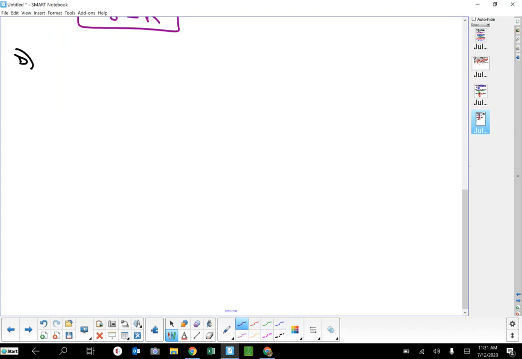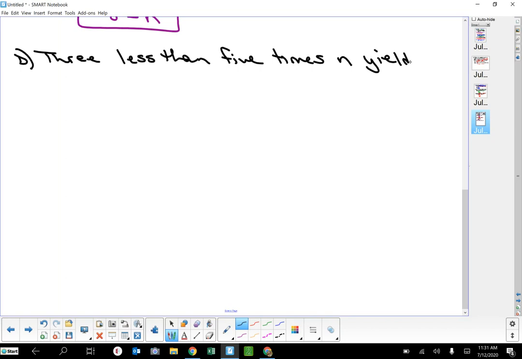3 less than 5 times n yields 12. Yields 12. All right, so what does this mean? Less than, subtraction, and it's your switch word, right?